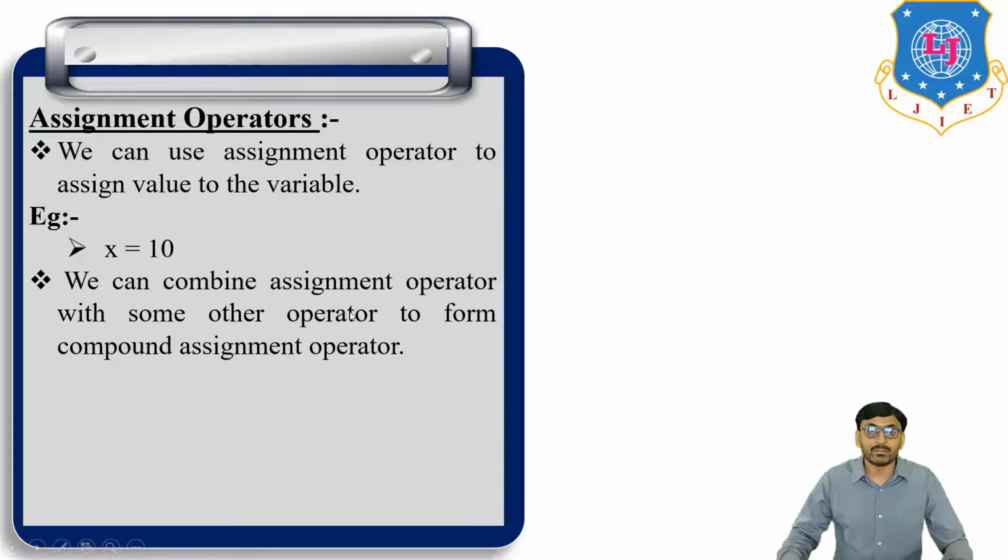We can combine the assignment operator with some other operator to form a compound assignment operator. For example, x plus equal to 10. It is also represented as x is equal to x plus 10. These two are the same.